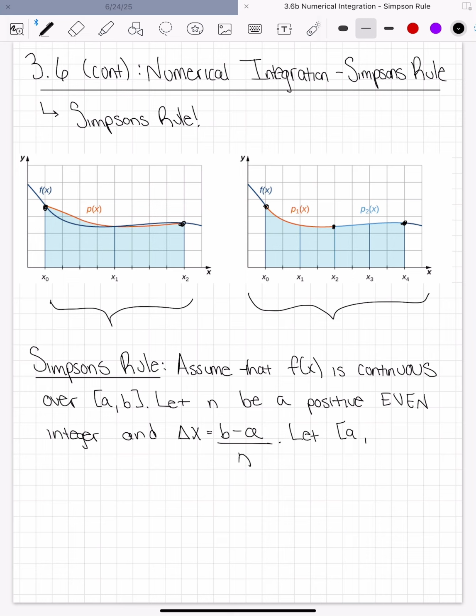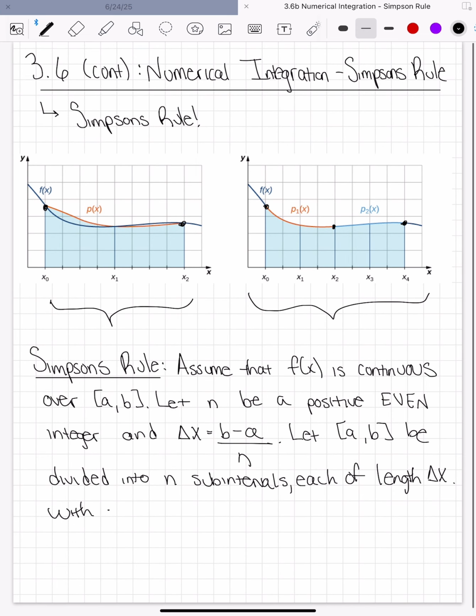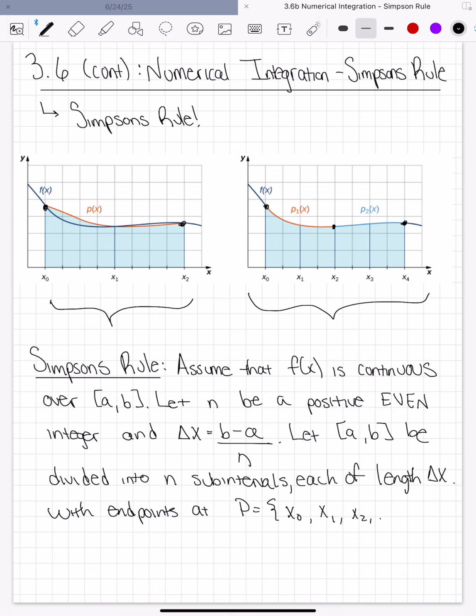Let [a, b] be divided into n subintervals, each of length delta x, with endpoints at x0, x1, x2, and so on and so forth, up until our very last one, which ends at xn.